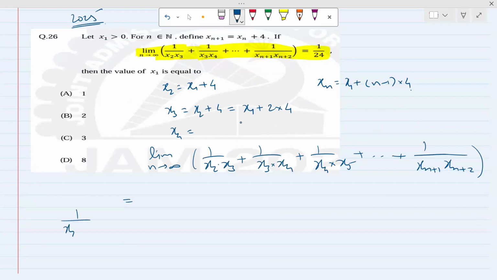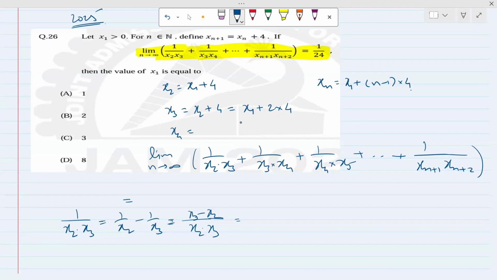Let us try writing this as 1 upon x2 minus 1 upon x3. Let us observe 1 upon x2 into x3.